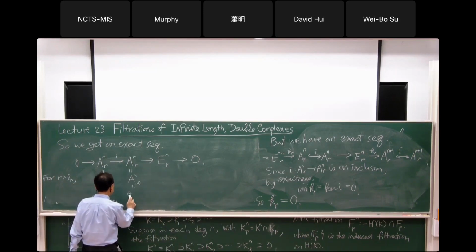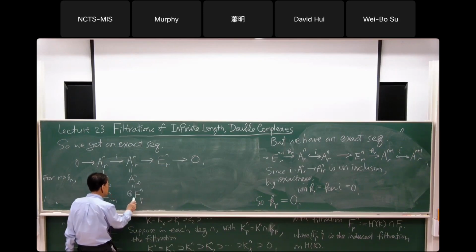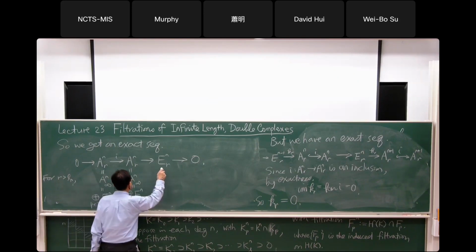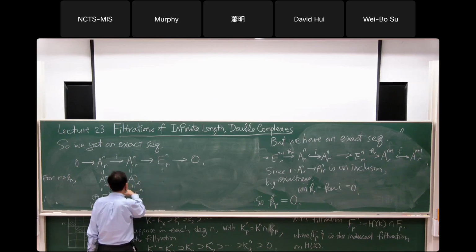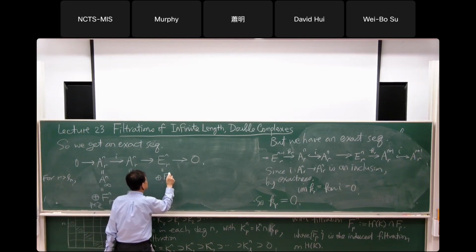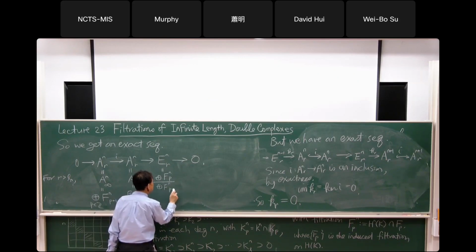And this was the direct sum of the same thing, but you sum over p in Z. And this is the quotient. So it is the direct sum of F^p over the direct sum of F^(p+1).